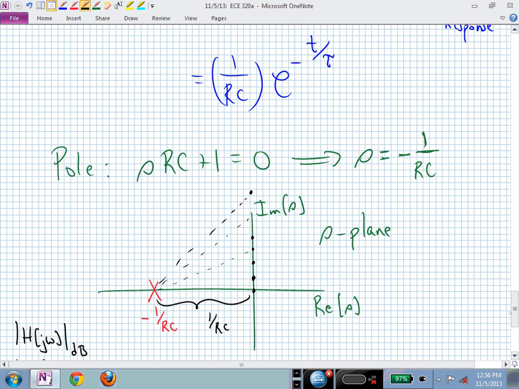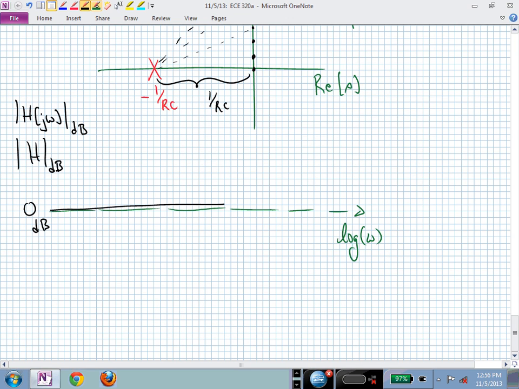So on our Bode plot, where we had the pole at 1 over RC, now we start rolling off our magnitude response. And we will learn that for a first order, we're losing gain at a rate of 20 dB per decade.